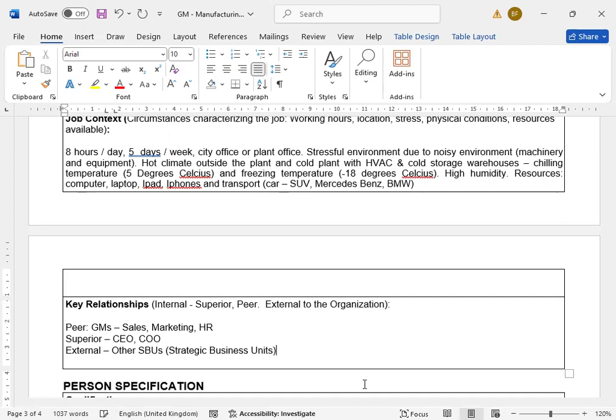What are these other SBUs? There are other businesses like the water business, the bottled water, things like that. Or even a construction company is also an SBU. So GMs for the construction company, GMs for the bottled water business, GMs for others.